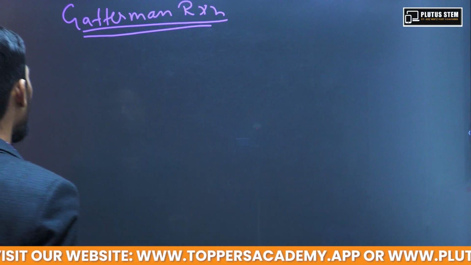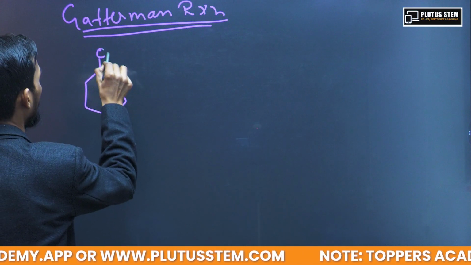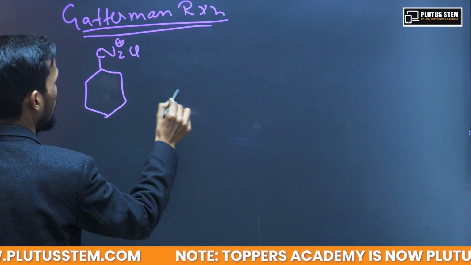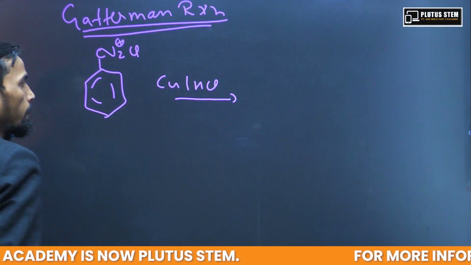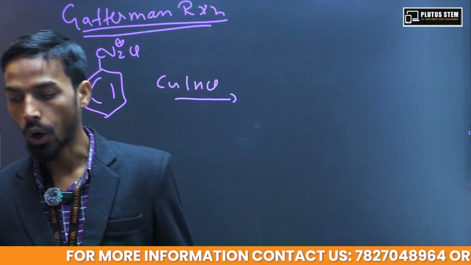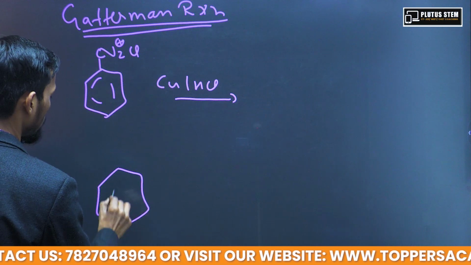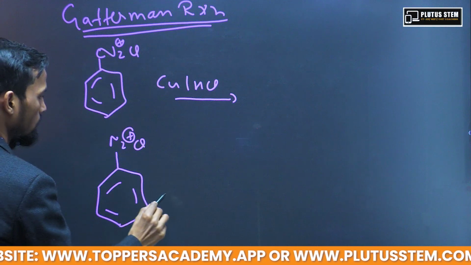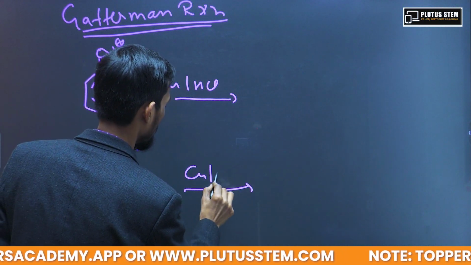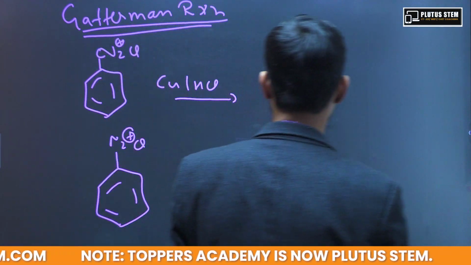In this you will see, when this diazonium salt reacts with Cu and HCl, or Cu and HBr, these are the two ways I have shown you over here.